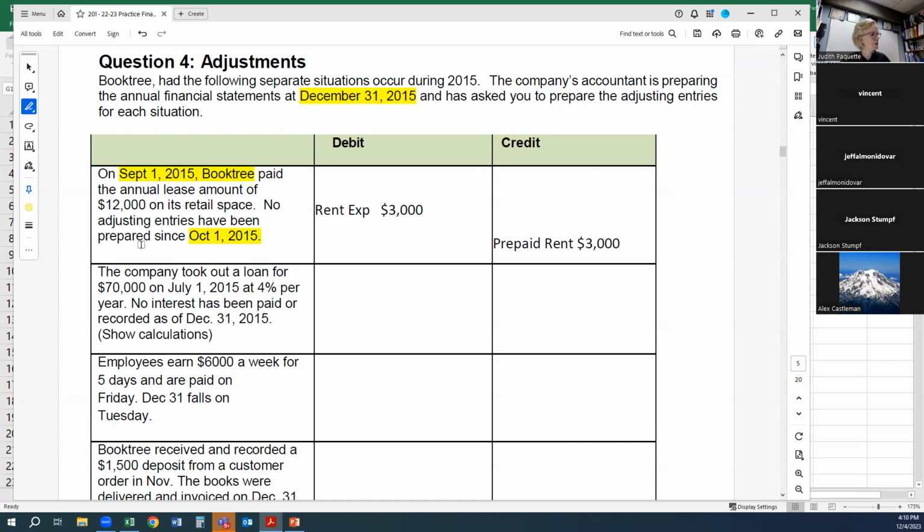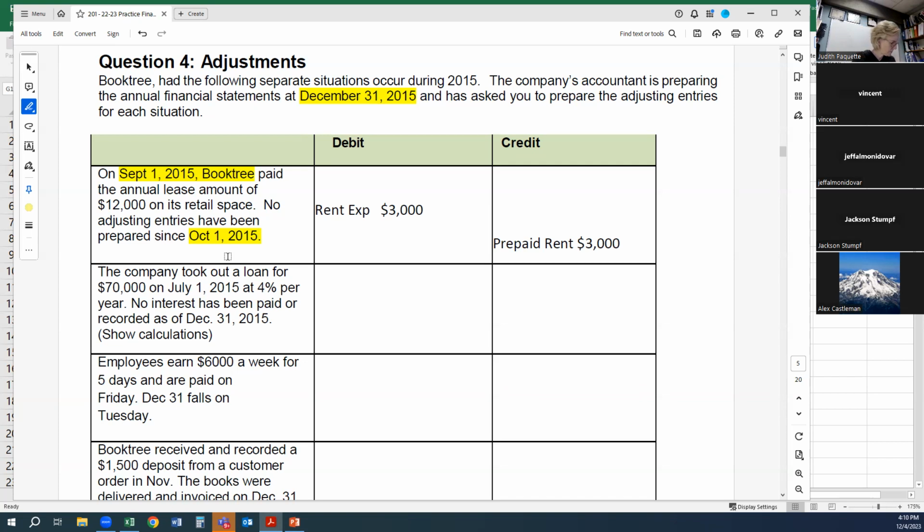So you know the journal entries, debit rent expense, credit prepaid rent, because they prepaid it, because it says here they paid it already for the whole year. They have not done an adjusting journal entry since October 1st. But they've been in the building the month of October, November, December. So you take 1,000 times 3 and you get 3,000.